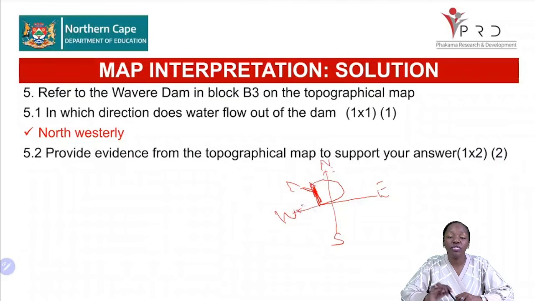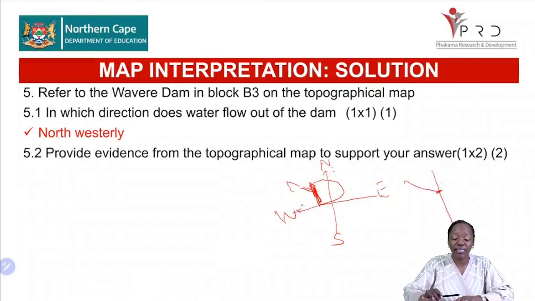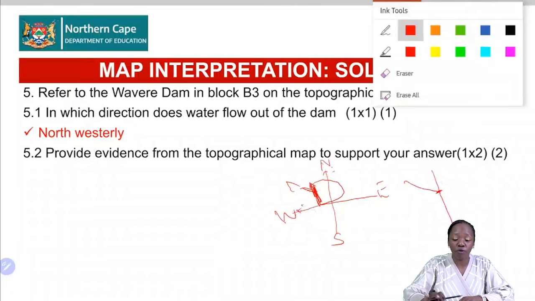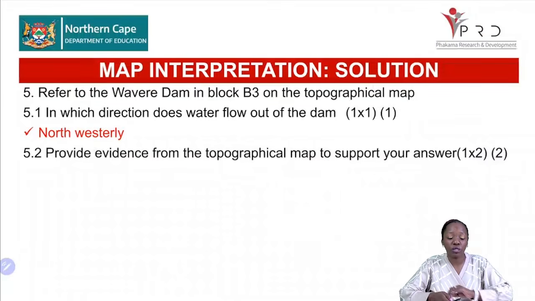So what happens when there is no dam wall? You then look at the confluence. The confluence, remember, is the area where 2 or more tributaries meet. So you're looking at the confluence where they converge or where they meet, then you have an idea where that river or that dam is flowing to, in which direction.